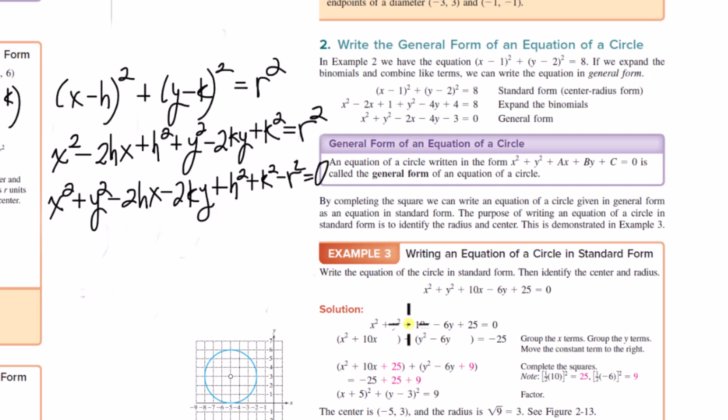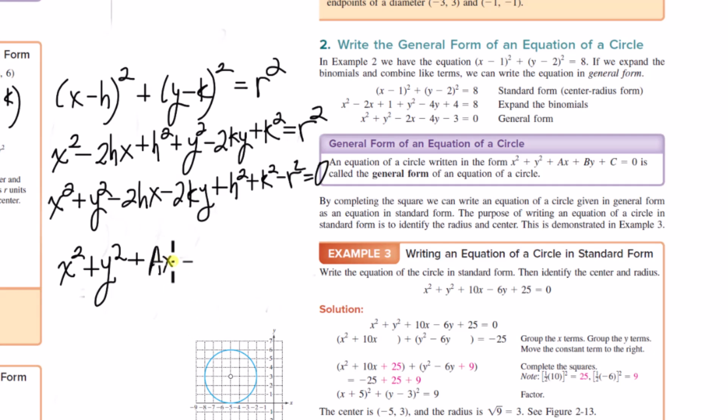Okay, now what you can think about, though, is that if we actually had this all expanded out and we had actual values for these constants, the h and the k and the r, what this would look like is we'd have x squared plus y squared, and then 2h is going to be some arbitrary constant. I'll put plus a, but it could be negative. h could be positive or negative, whatever.